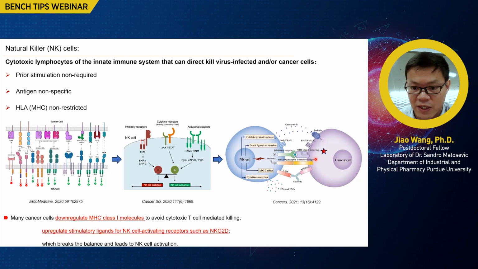Once NK cells get activated, on one side they secrete perforin and granzymes, just like T cells, which leads to direct lysis of the cancer cells. On the other side, they also release cytokines, such as IFN-gamma and TNF-alpha, which enables them to further crosstalk with other immune cells and shape the adaptive immunity.